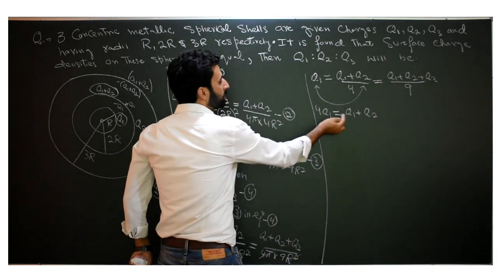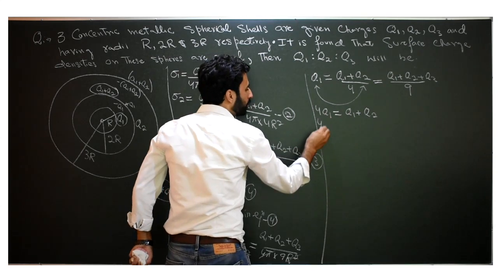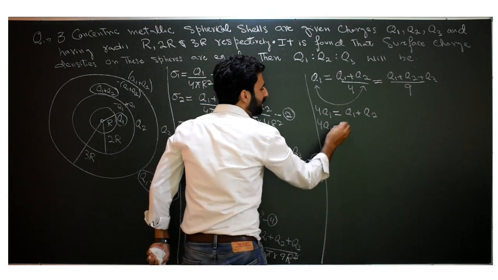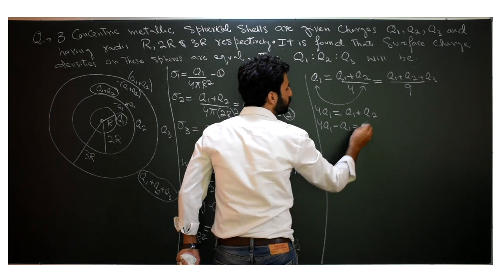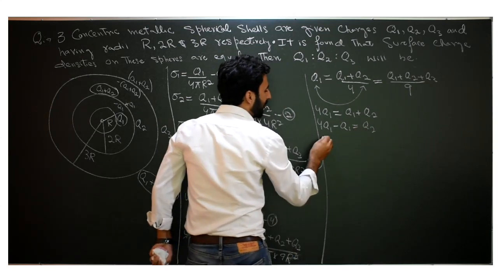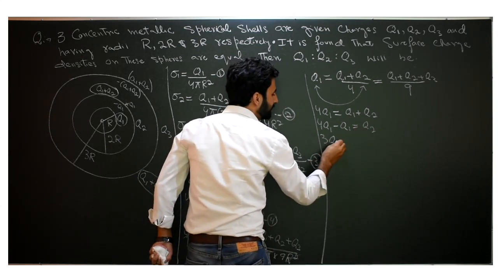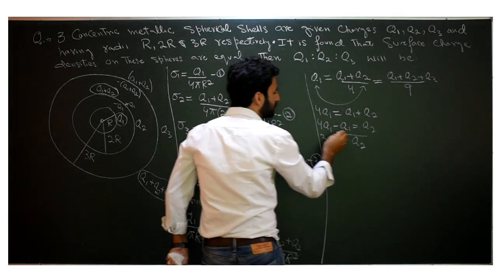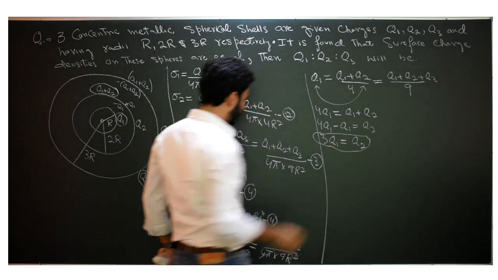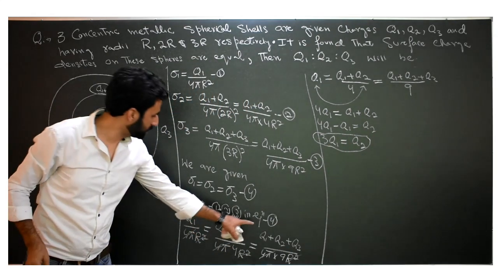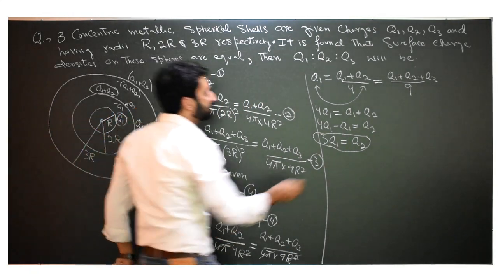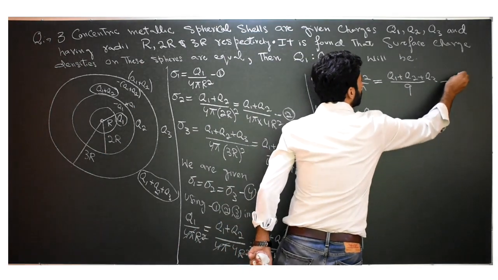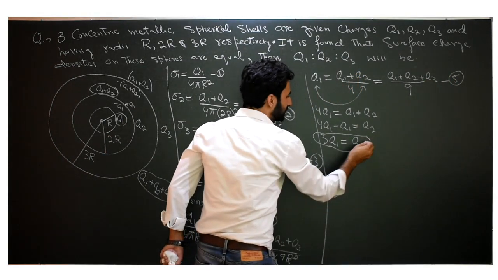Now bring this Q1 here, you will have 4Q1 minus Q1 is equal to Q2, or 3 times Q1 is equal to Q2. This is one relation. Let's call this whole as equation 5, and we can call this as equation 6.